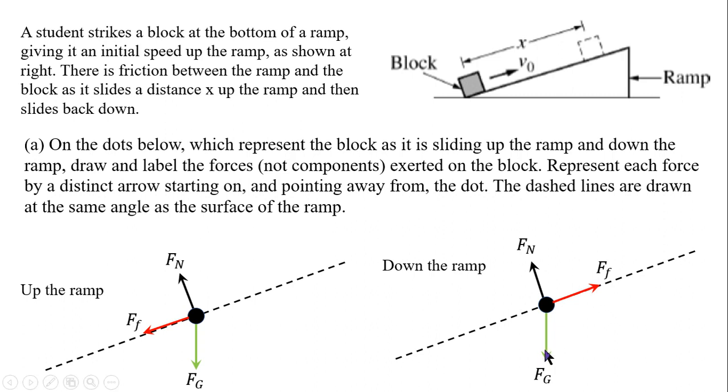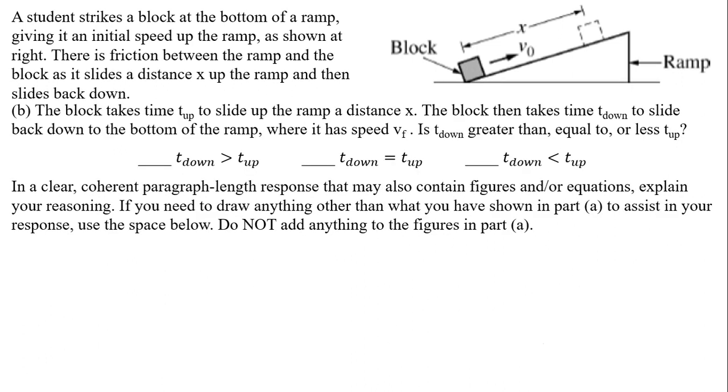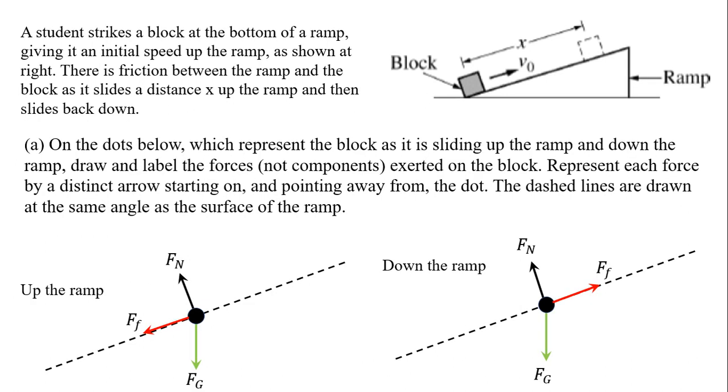Friction, but not gravity. So you've got a bigger force to push up and less of a force to push down. If you have a bigger force, you have a bigger acceleration. The time t down is much greater than the time for t up. Look at this again. When this is sliding down, right, friction is going to be slowing it down.